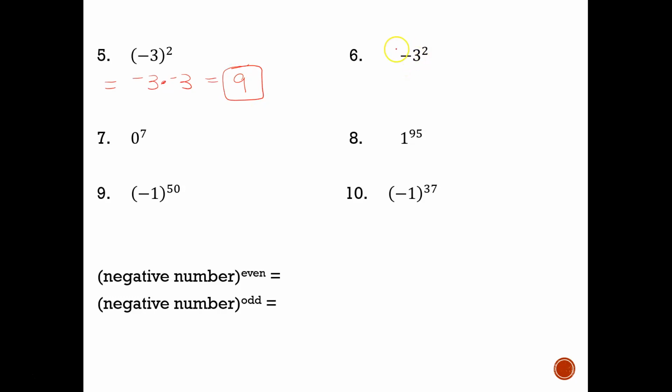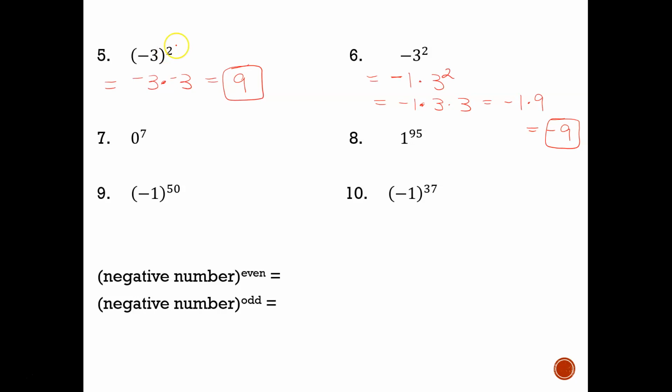On number 6, there are no parentheses, so the negative just stays in front. Again, if it helps you to think of it as a negative 1, then you can do that. And it's only the 3 that gets repeated, 3 times 3. So then you have a negative 1 times 9, and your final answer is negative 9.